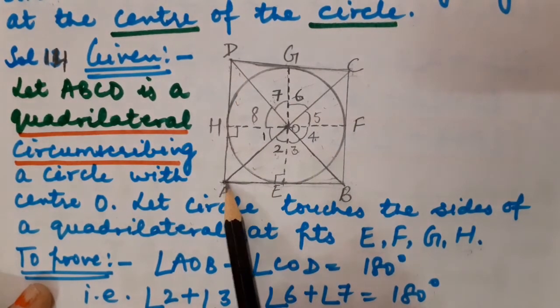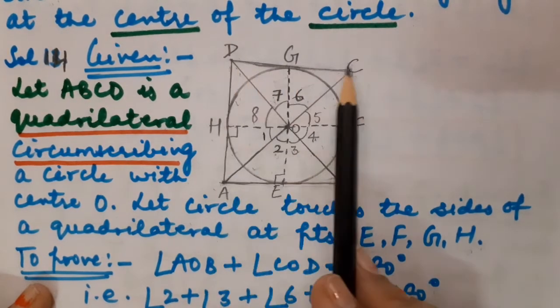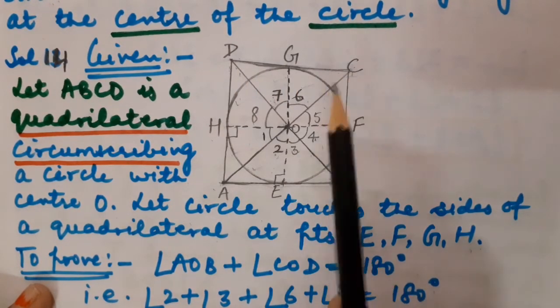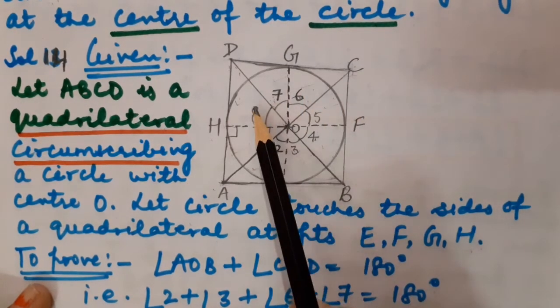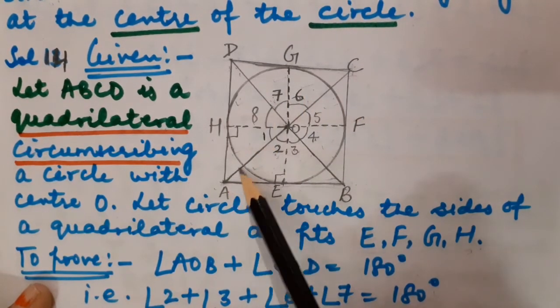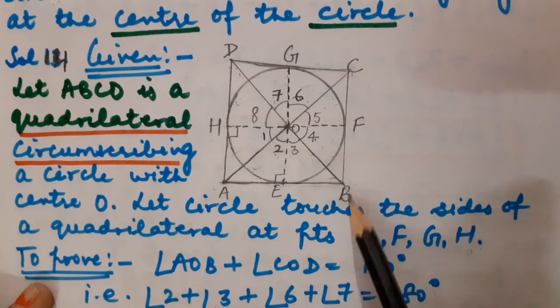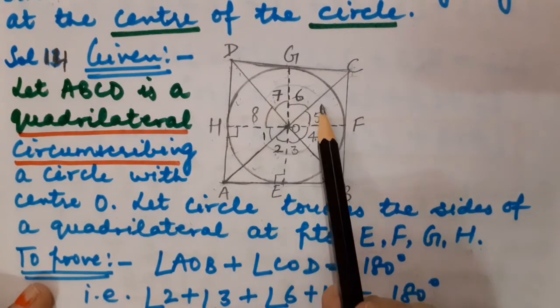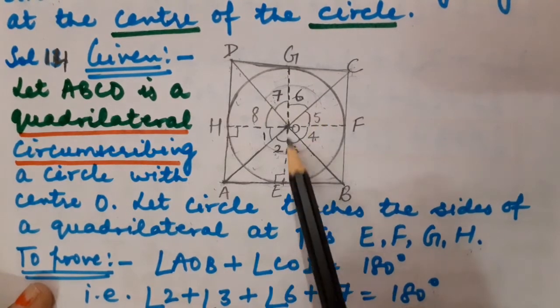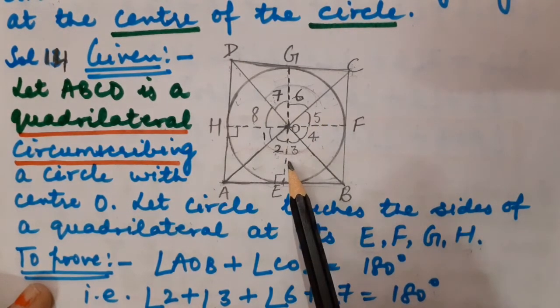Okay, if I am going to take this side AB and this side CD, what is said that the opposite side of a quadrilateral circumscribing a circle subtend a supplementary angle at the center point, means angle 2 plus angle 3 plus angle 6 plus angle 7 must be equal to 180 degree.